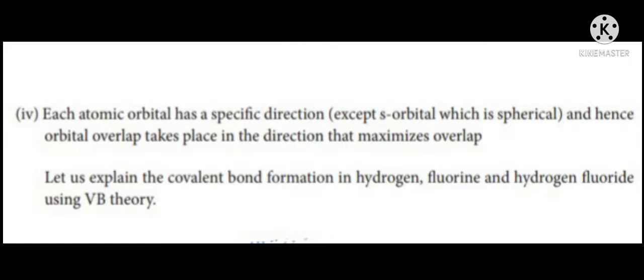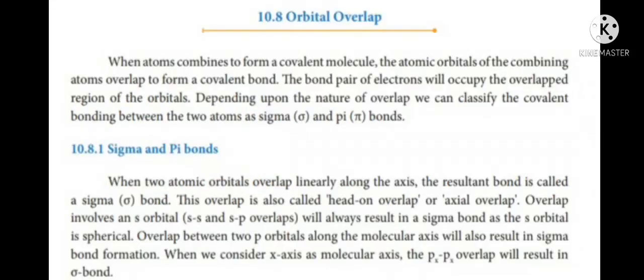Next, we will explain the covalent bond formation in hydrogen molecule, fluorine molecule, hydrogen fluoride, and oxygen molecule using valence bond theory. Before that, we will discuss the topic orbital overlap.